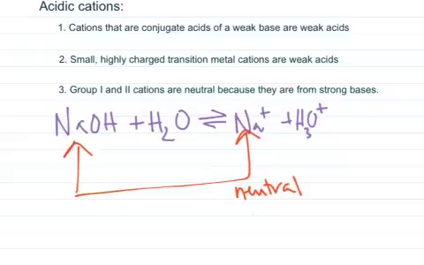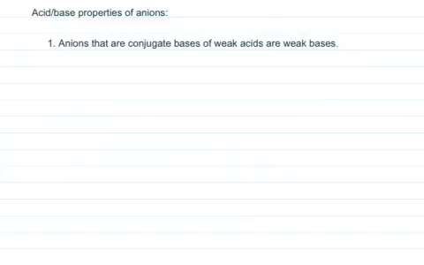Alright, so let's take a look at anions. Just like we said for the cations, if we have an anion that is the conjugate base of a weak acid, it becomes a weak base. So again, a weak acid has a conjugate weak base. A weak base has a conjugate weak acid. Let's look at an example.